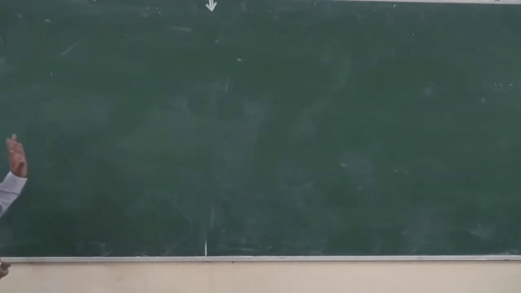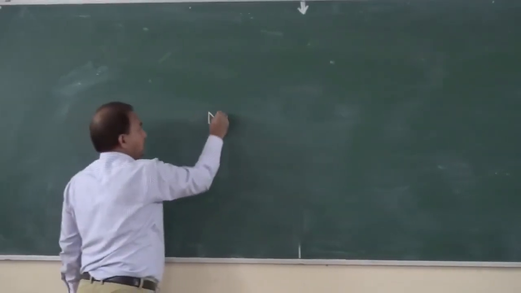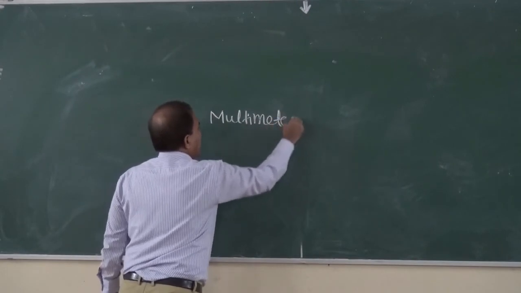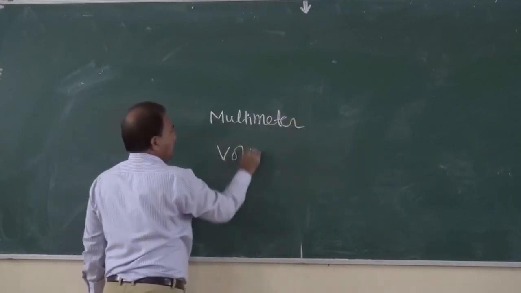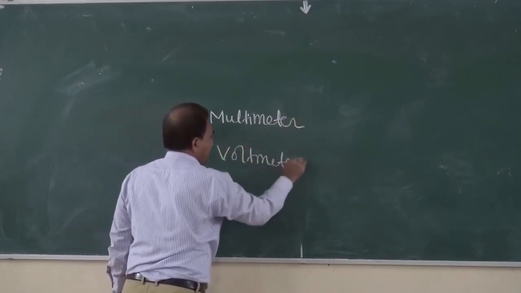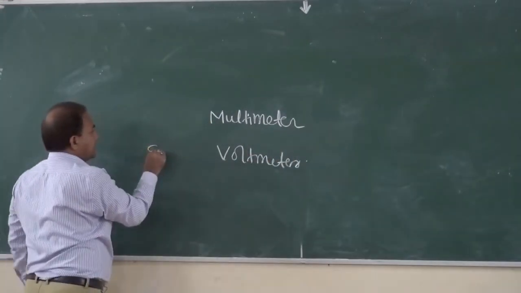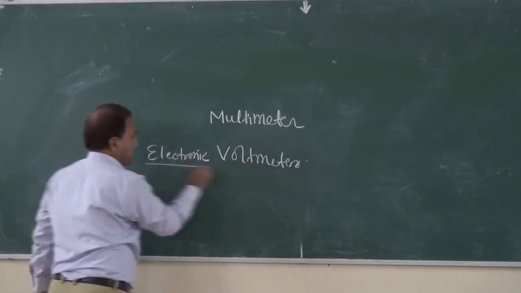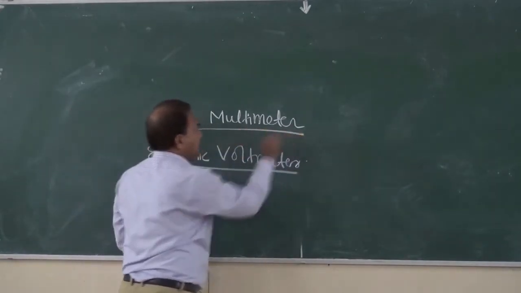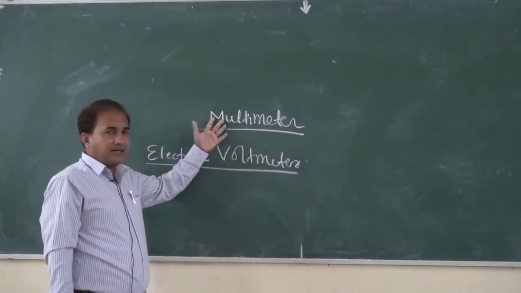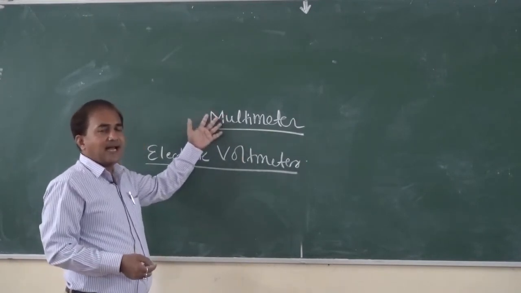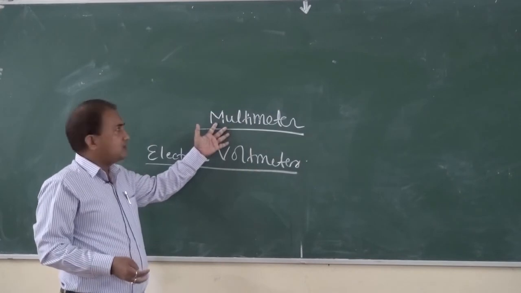Okay, so we have seen about the multimeter, we have seen about the voltmeter, about the electronic voltmeter, and we have seen about the multimeter. The multimeter measures current, voltage and resistance.